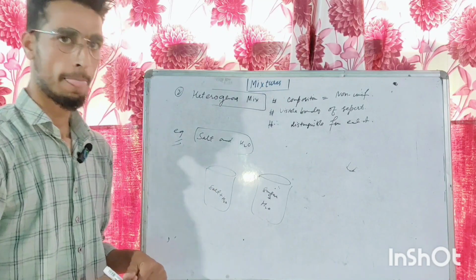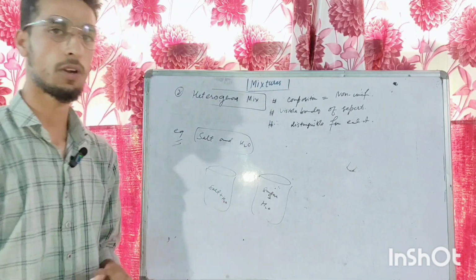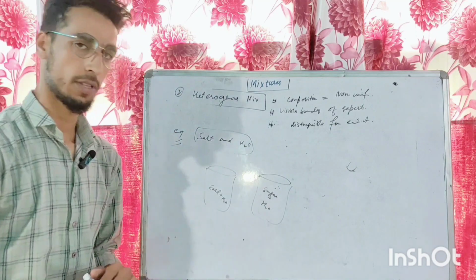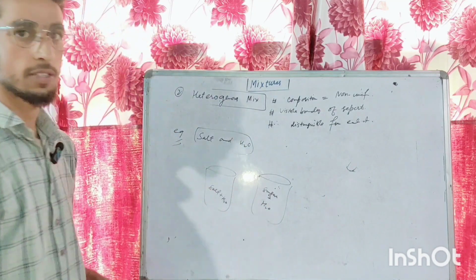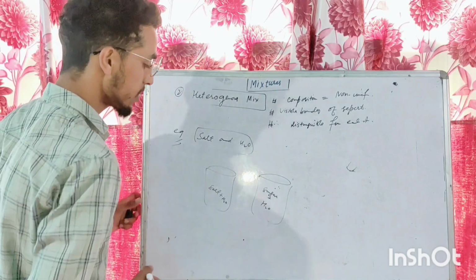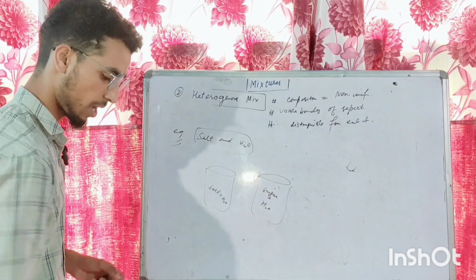After mixing and stirring, we only observe water. That means among the two components we are seeing only one component, that's water. So where is that salt? It's also present in that composition, but we cannot see it. So they are chemically combined. That means here the salt solution and sugar solution are the examples of homogeneous mixtures.